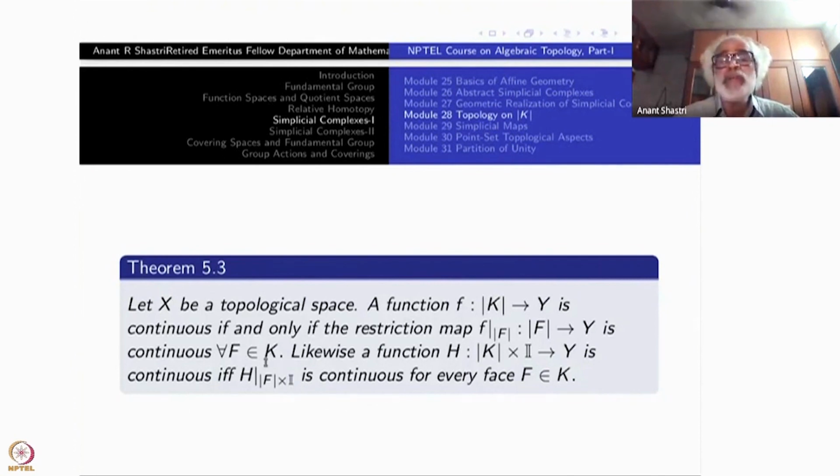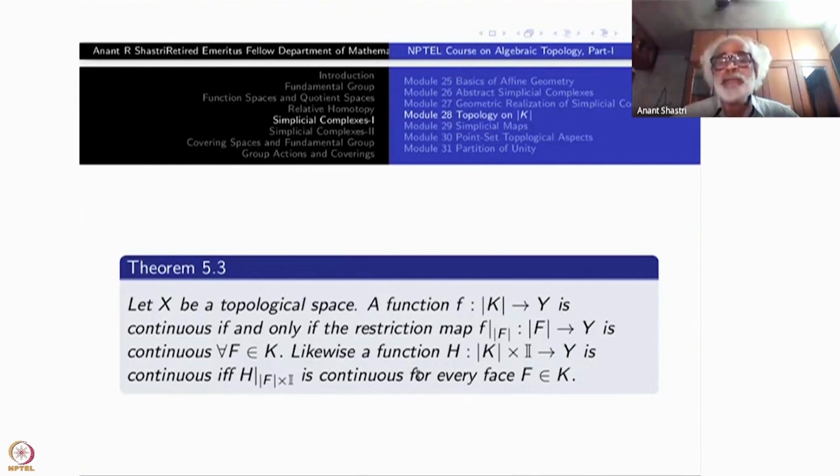F is a simplex in K. We write this one all the time. Instead of writing K is equal to A, comma, S, it is actually for every F inside S, the simplex.